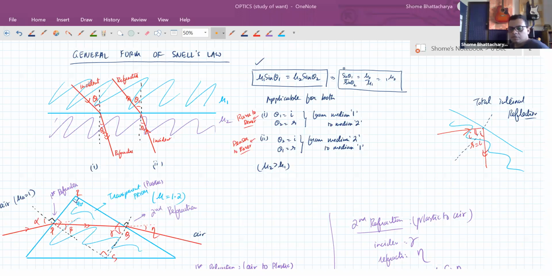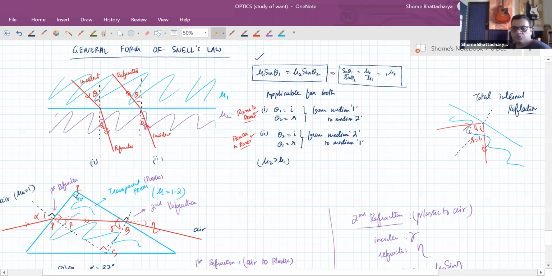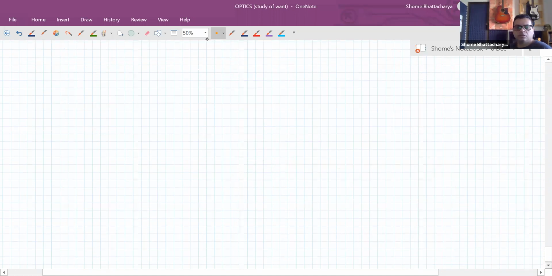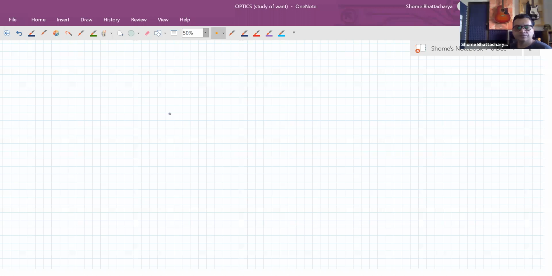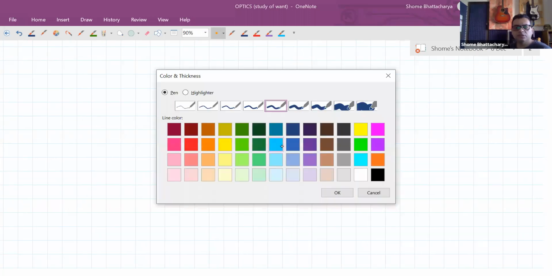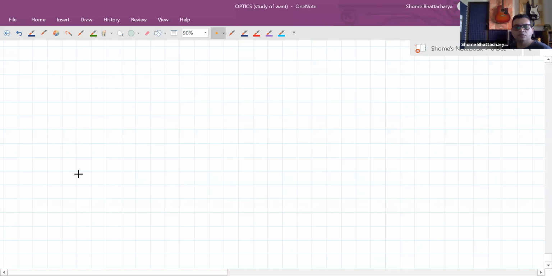Okay, so my proper ray diagram now should actually be like this. So remember, whenever we come across a situation where calculation from Snell's law for refraction happening from a denser to a rarer medium is showing us that sine R is becoming greater than 1, that means logically that is not possible.